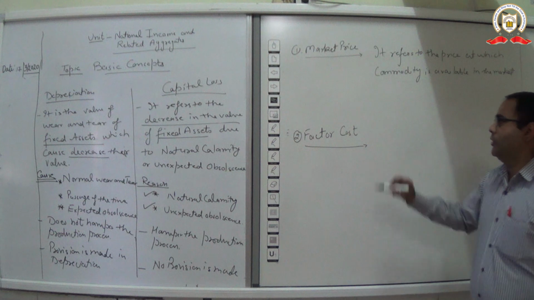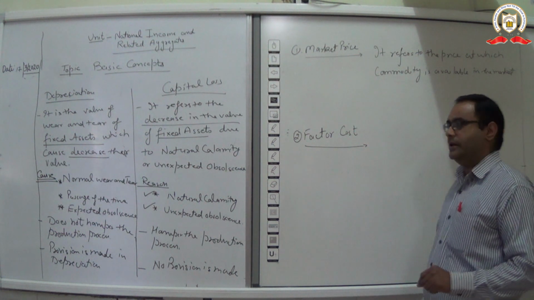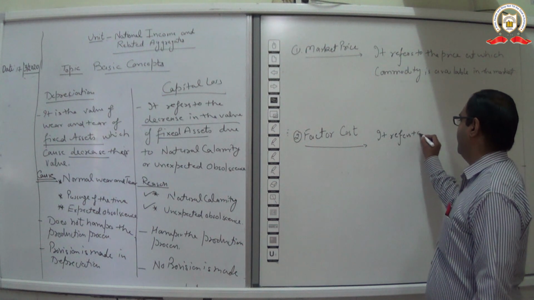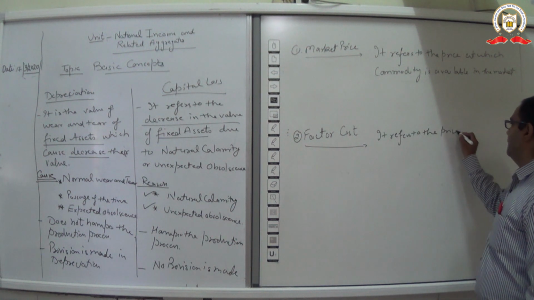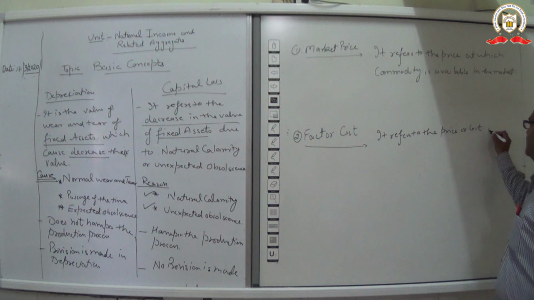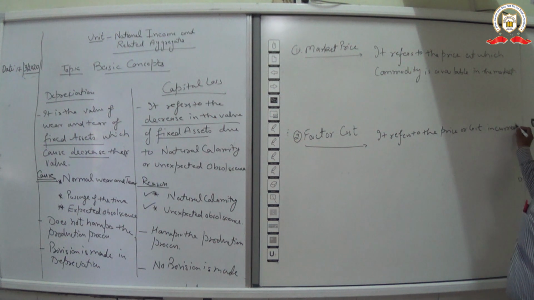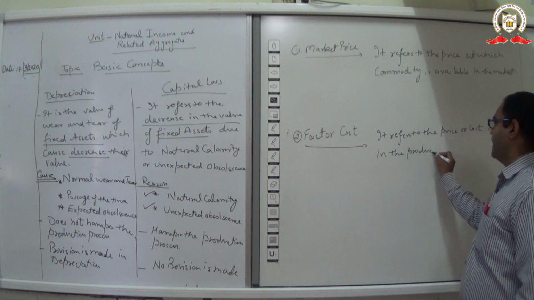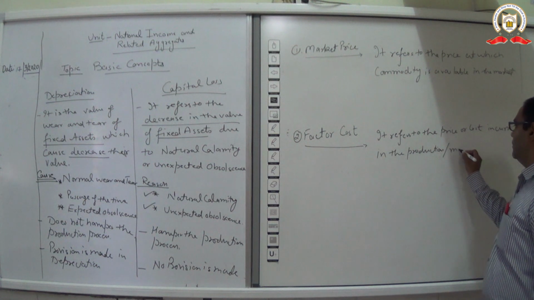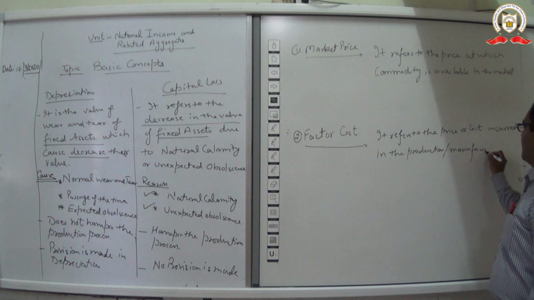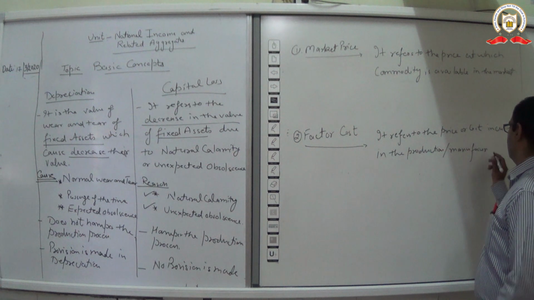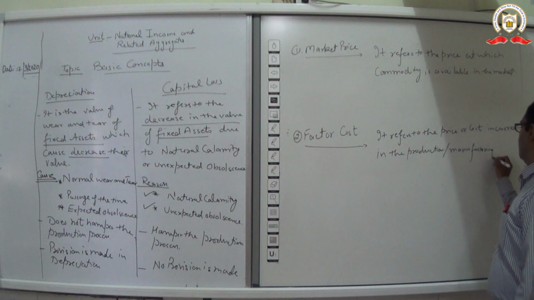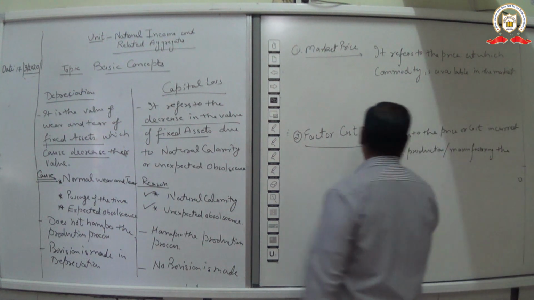Whereas factor cost, as the name again clearly says itself, refers to the price or cost incurred in the production or manufacturing of the commodity.